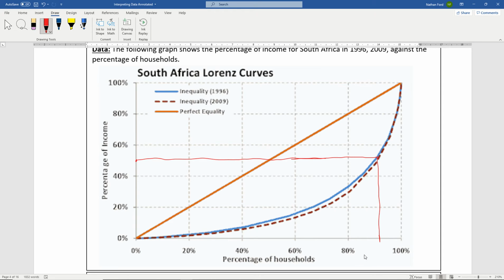From 80 to 100 is 20%, which means halfway is going to be 90. Look at this. 50% of the wealth, underneath this graph, is among over 90% of the people. That means the other 50% of the wealth, above the graph, is in this many people, which is, let's just say, 8%.